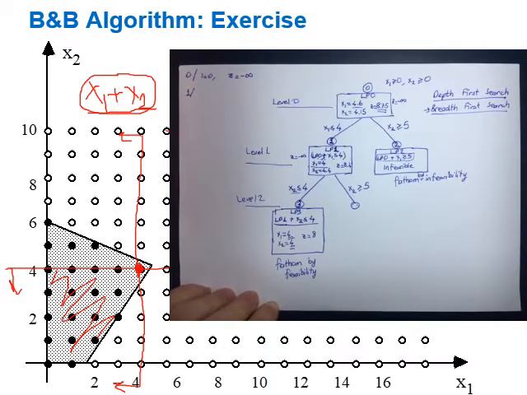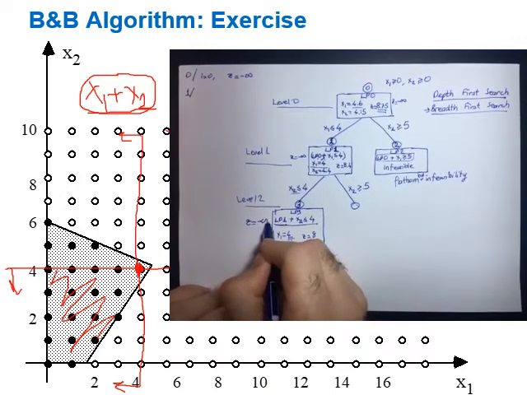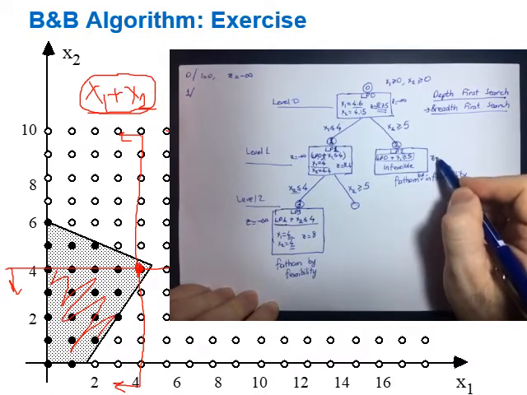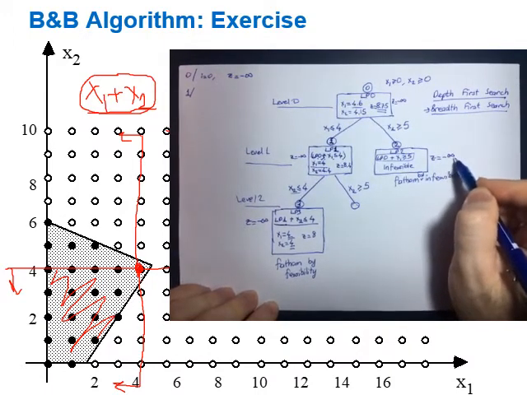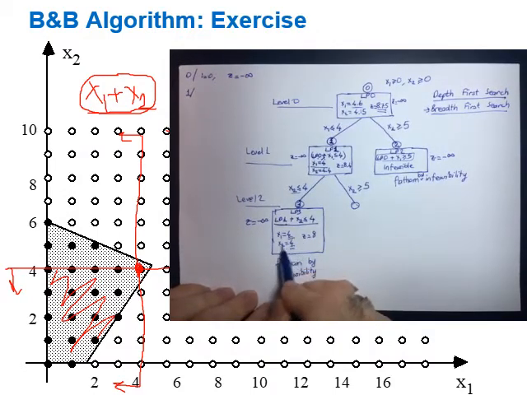Whenever you fathom because of integer feasibility, you need to check what my previous lower bound was. It was minus infinity until now, because here I couldn't find a solution as well. Here it was also minus infinity, and here it was minus infinity. But now I found an integer solution.